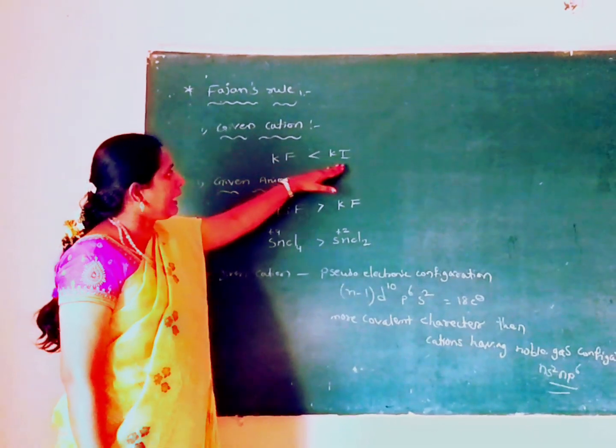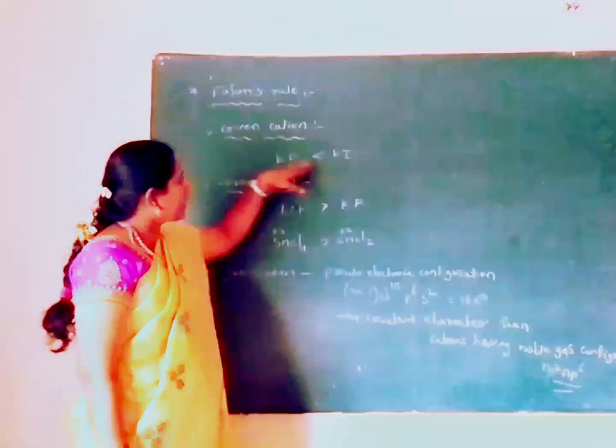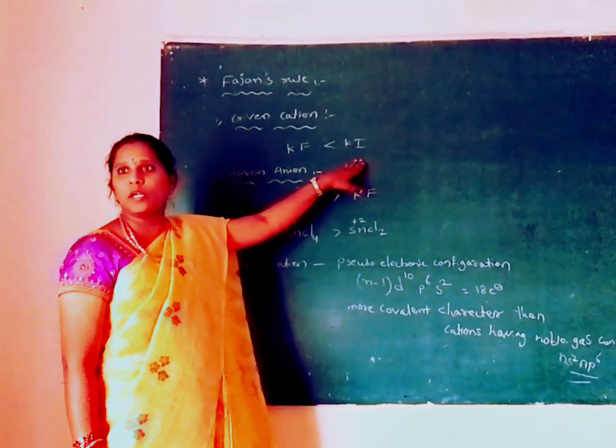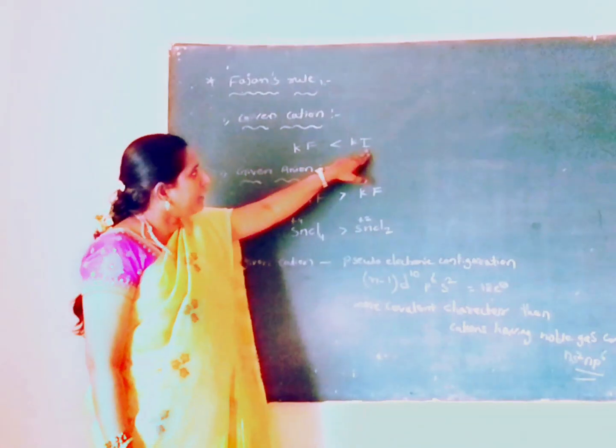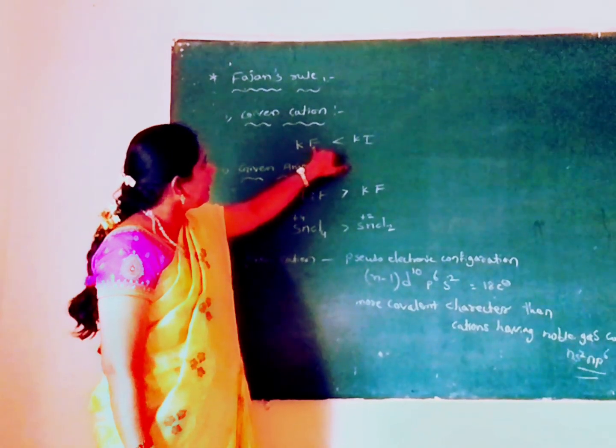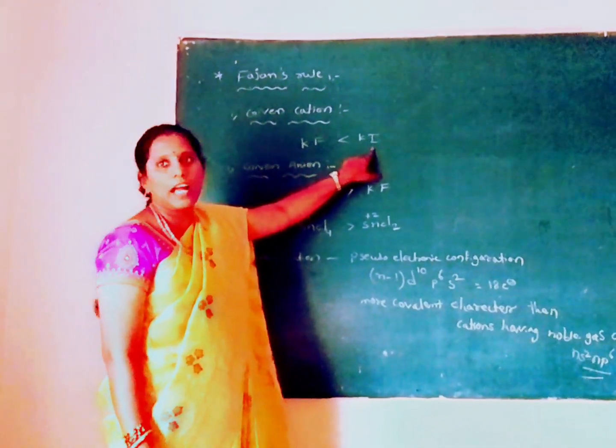In potassium fluoride and potassium iodide, potassium fluoride has less covalent character than potassium iodide, because fluorine is smaller than iodine.